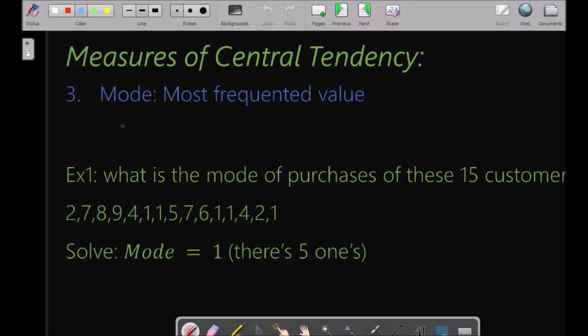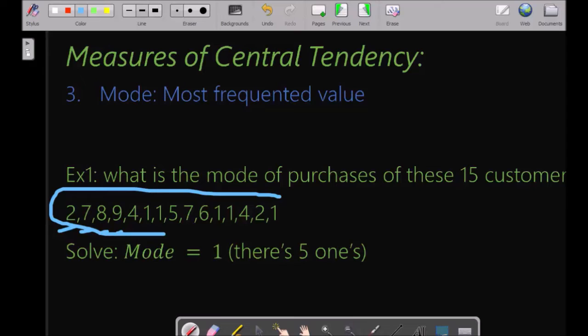The mode is the most frequent value, the value occurring most. It's a really easy idea. For example, what is the mode of purchases of these 15 customers? The first one bought 2 items, the second one 7, 8, 9, 4, 1, 1, 1, 5, 7, 6, 1, 1, 4, 2, 1.